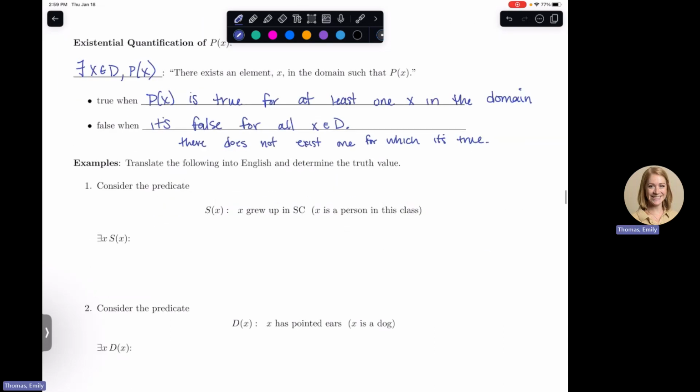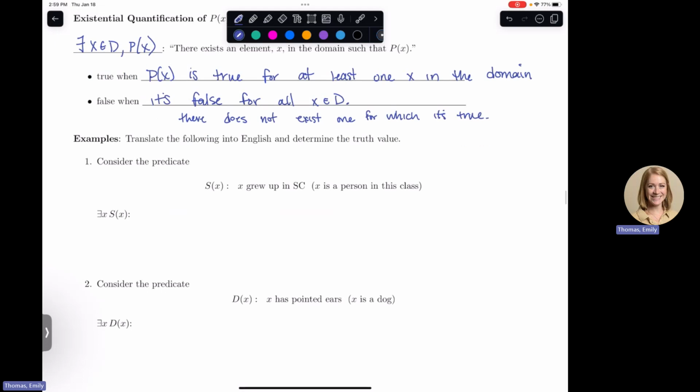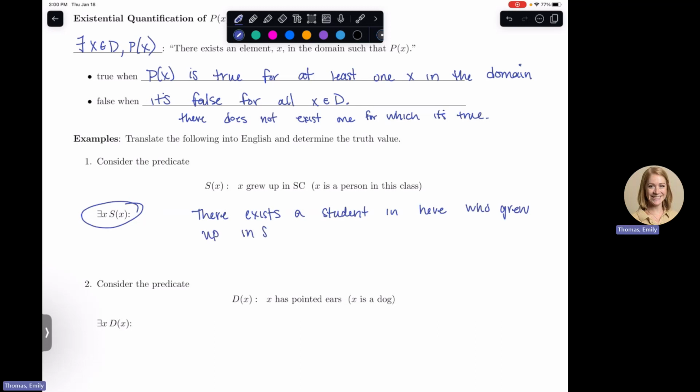All right. So we have the predicate here, S of X, again, that X grew up in South Carolina, but now we're doing a there exists statement. So this is that there exists a student in here who grew up in South Carolina.